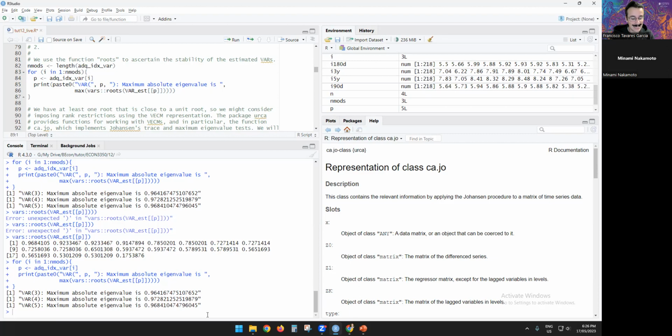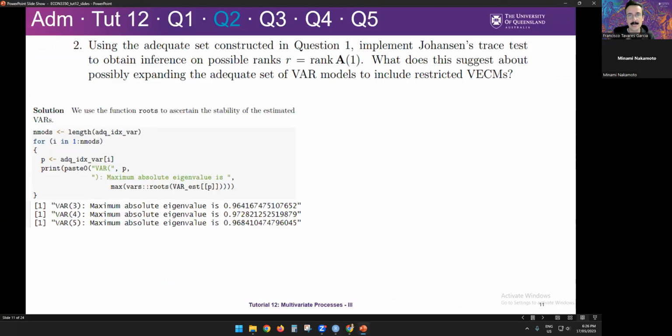Now, this version of multivariate is related to our eigenvalues. If we have eigenvalues relatively close to 1 or bigger than 1, as we mentioned last week, you have a risk that if you forecast for a long period it will explode. It won't be really precise anymore.